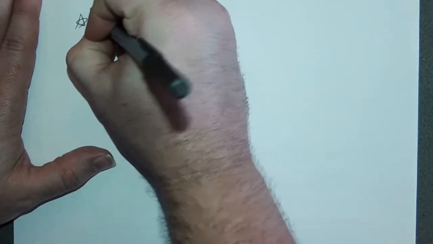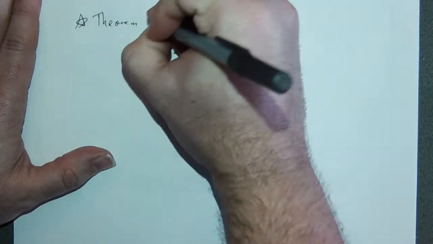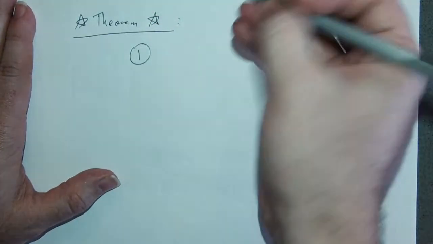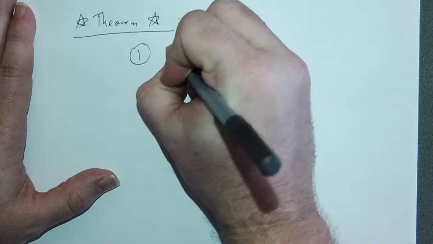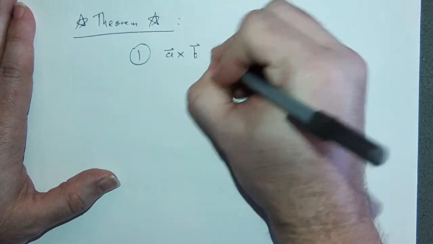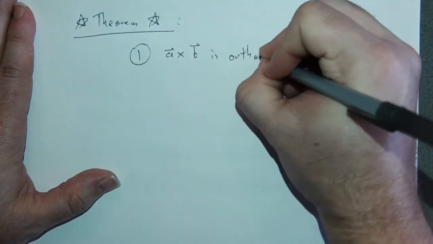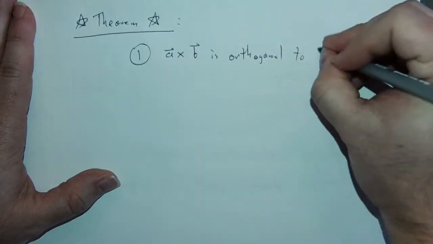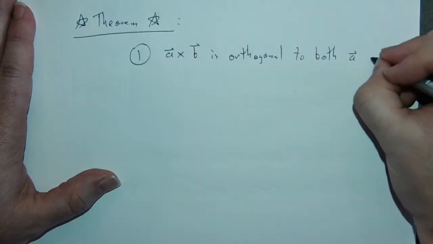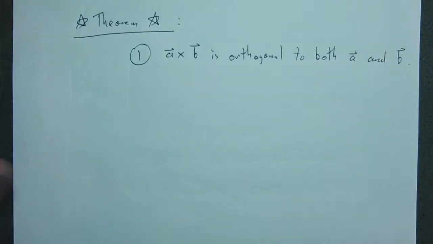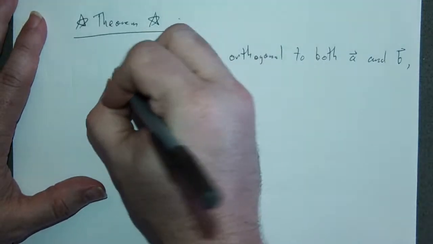Here's next my very important theorem about the cross product. Okay, so part 1. Okay. If A and B are vectors, then A cross B is orthogonal or perpendicular to both A and B. Okay, i.e., what does this mean?